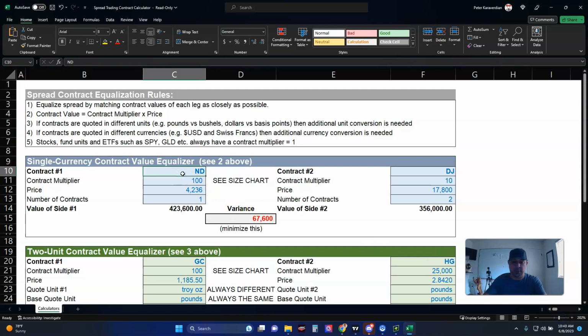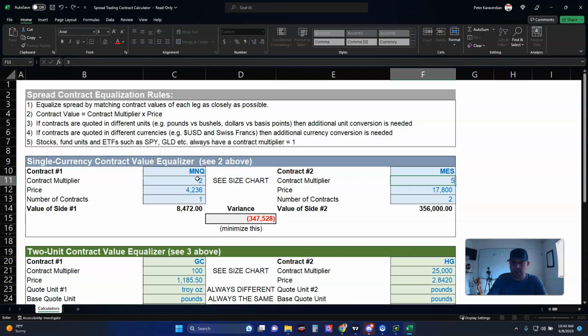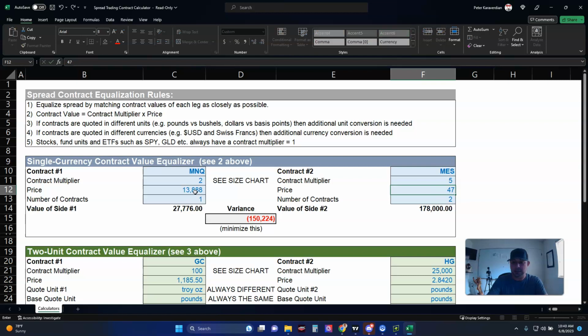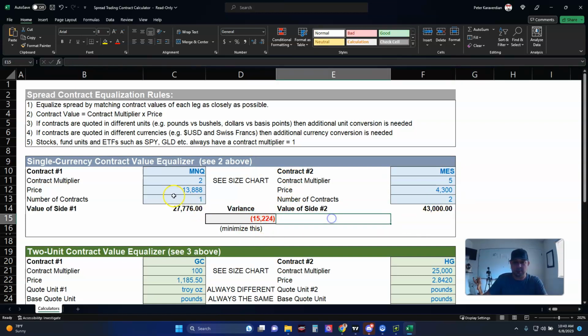where you could actually put in MNQ, whatever, MES, and then you could put your contract multiplier, you know, 2, 5, whatever that price is at that time. Where are we trading at now on MNQ? Let's just say 13,888. 4,700, whatever, 4,300 ES, and it's going to give you a variance, and this way you'll know, okay, 1 MNQ, 2, whatever, and you can hone this in.